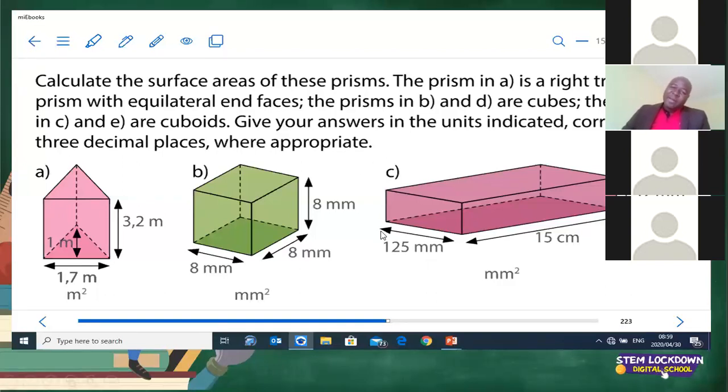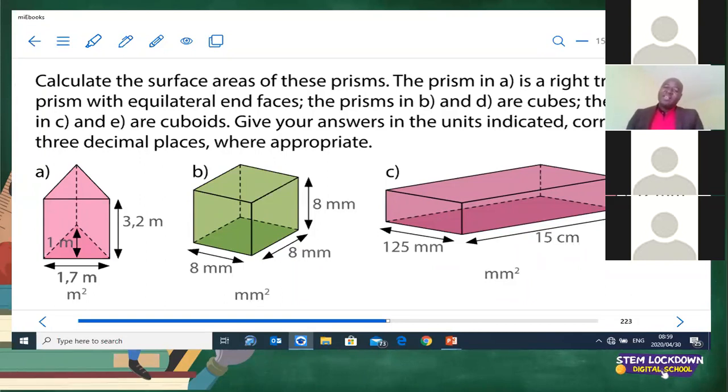At this stage, the breadth is in millimeters, and the height as well is in millimeters. So if you want, like I said, you can convert it to centimeters. If you convert to centimeters, remember that you are dividing by 10.